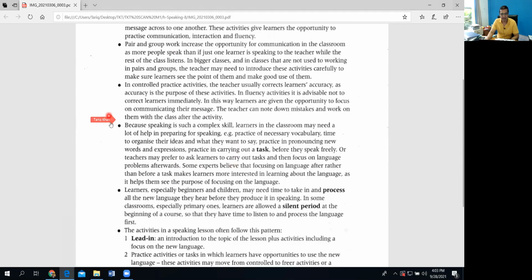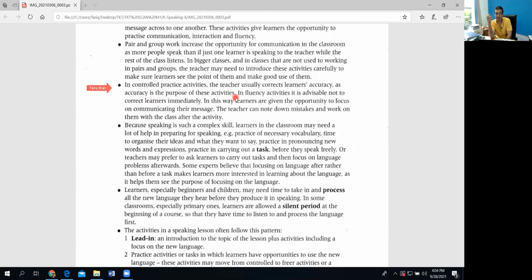Next one is in controlled practice. Again, coming to controlled practice. In controlled practice activities, the teacher usually corrects learners' accuracy, as accuracy is the purpose of these activities. Now, the point here is that in the controlled practice activity, the point to be clear to the student is the accuracy.